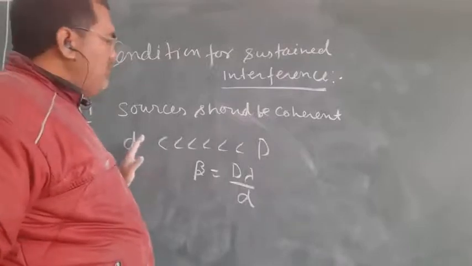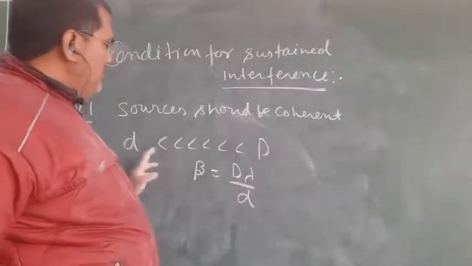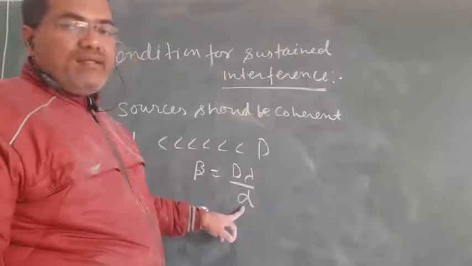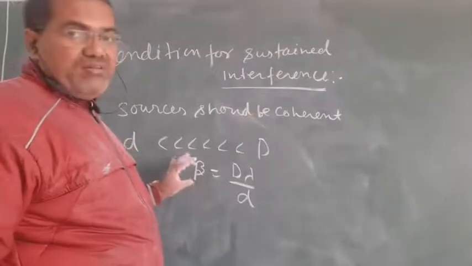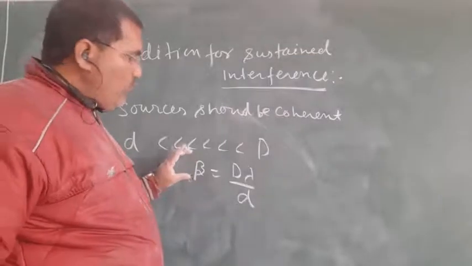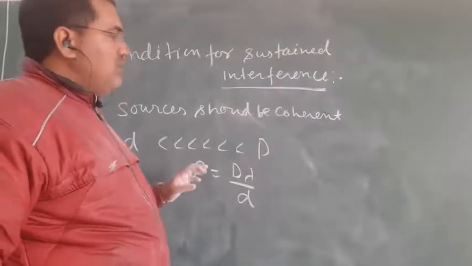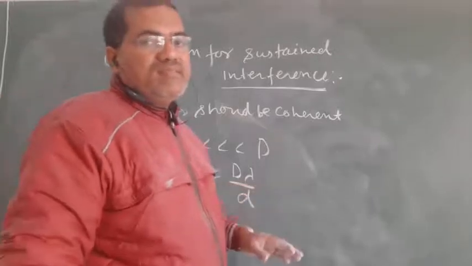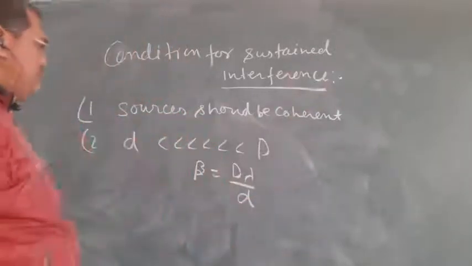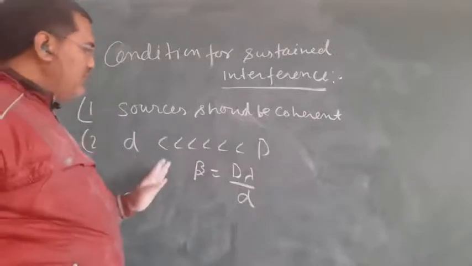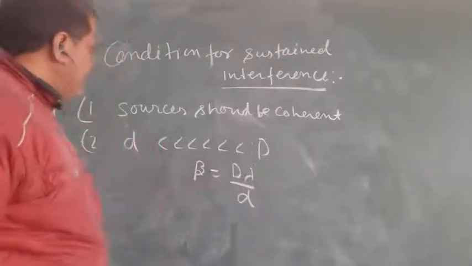So for good interference, d must be much lesser than capital D, so that fringe width is wider. So there would be a good interference pattern obtained on the screen. So this is the second condition. Small d much lesser than capital D.